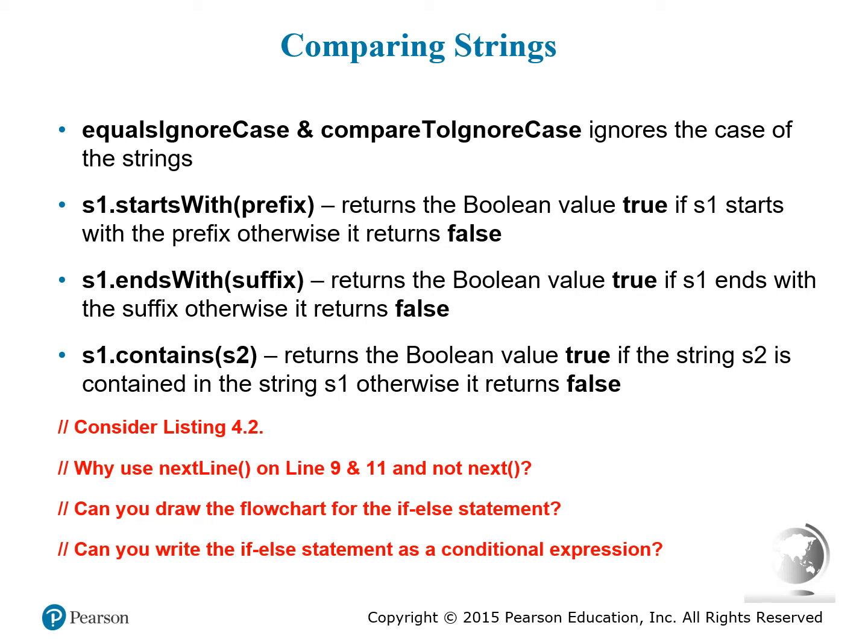The endsWith method allows us to determine if the given string ends with a given suffix. In both cases, startsWith or endsWith returns a boolean value. The method contains tests to see if s2 is a substring of s1 and returns true if it is and false otherwise.